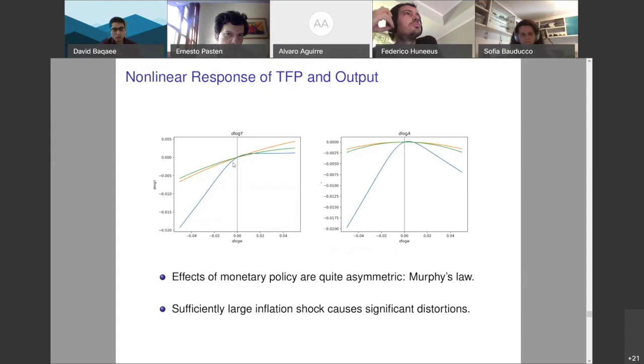So what you can see is that the benchmark model is actually really non-linear, okay? So for small enough monetary shocks, you can see that monetary policy, the slope of this is greater than the other lines at the 0 inflation point. So this is saying that monetary policy is more powerful. It can reduce output and it can raise output by more.